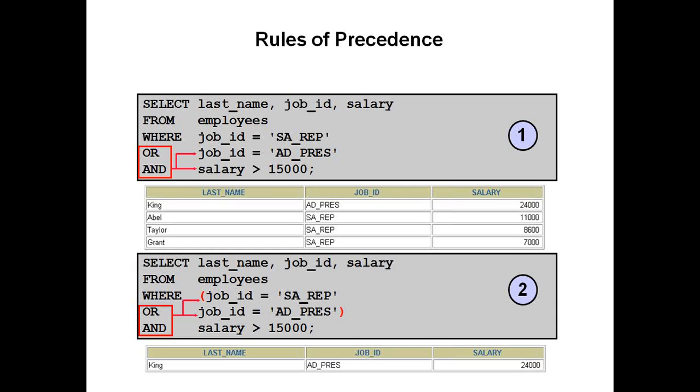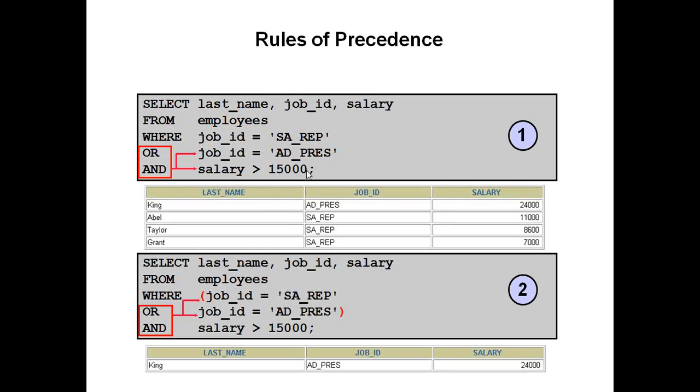In the first example, totally three conditions are there. The first condition is job ID equals SA underscore REP, the second condition is job ID equals AD underscore PRES, and then the third condition is salary greater than 15,000.